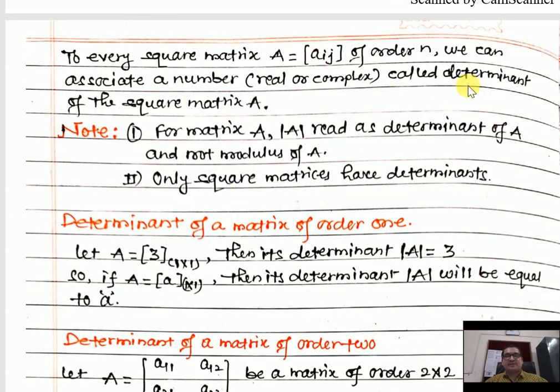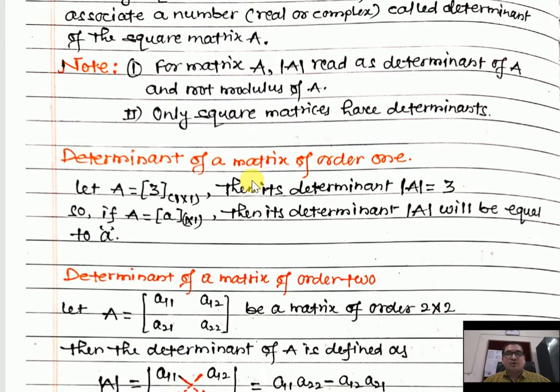For every square matrix of order n, we can associate a number, real or complex, called the determinant of the square matrix A. It is read as determinant of A and not modulus of A. That I have already made clear. Only square matrices have determinants.